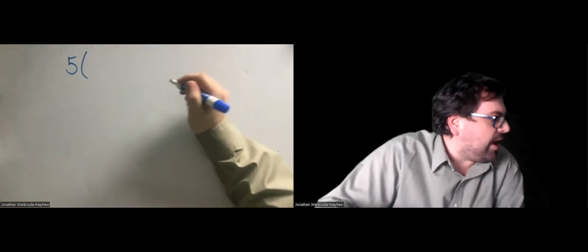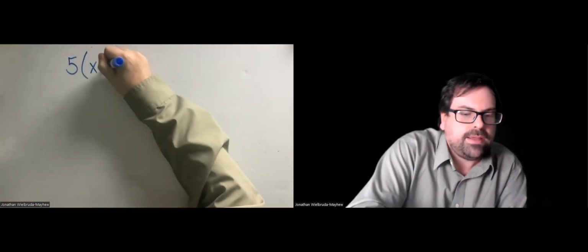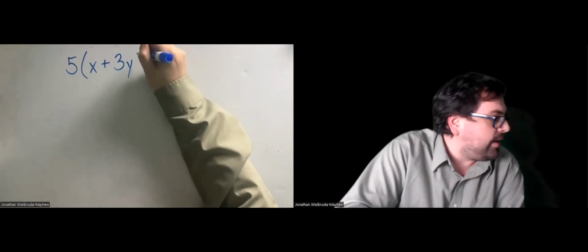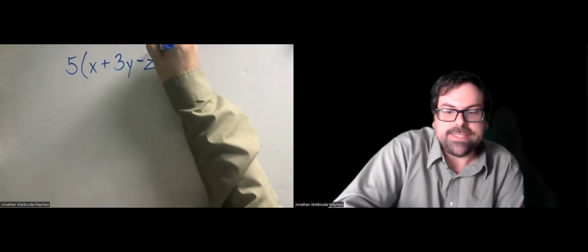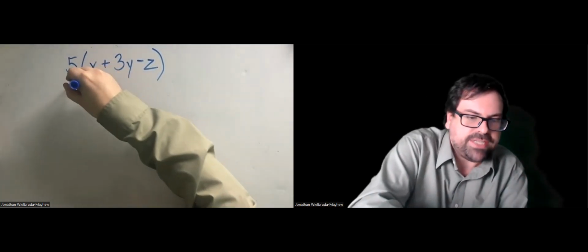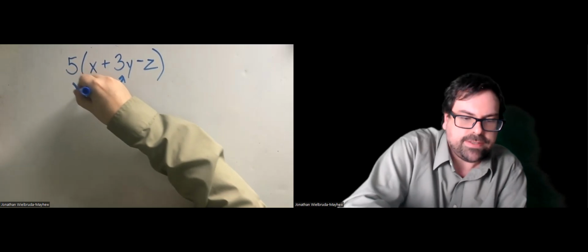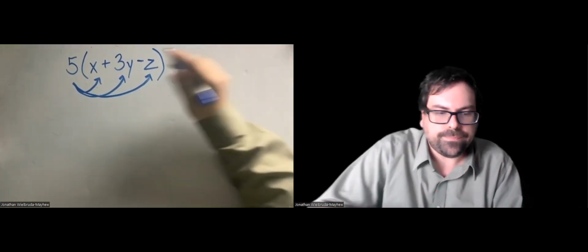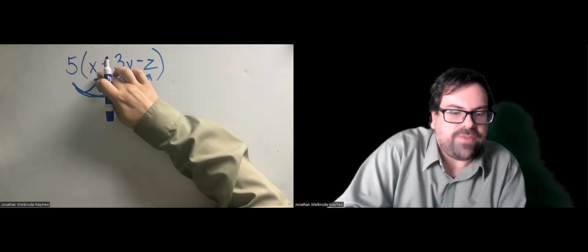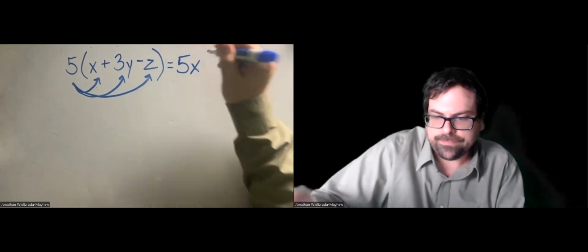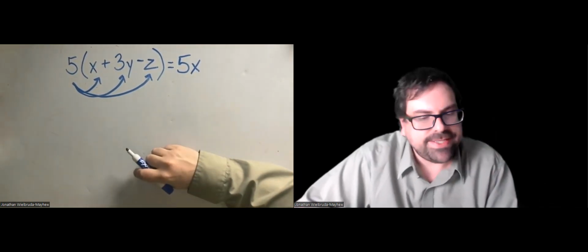Let's take a look at 5 times the quantity x plus 3y minus z. It's the 5 times each of these 3 things. Positive 5 times positive x gives us positive 5x.